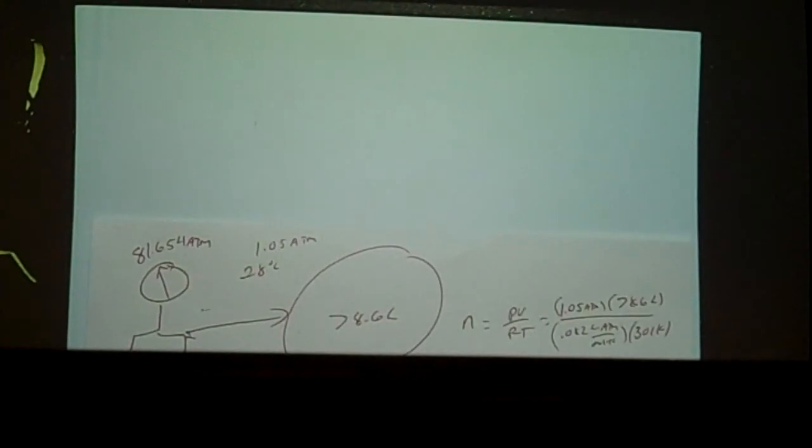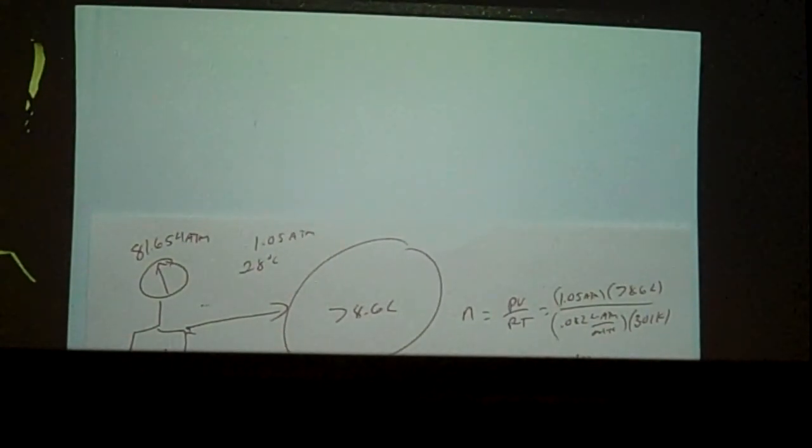Does that make sense? Now, I'm going to subtract 3.343 moles. That's going to give me 162.068 moles of O2 remaining in the tank. That's how many is going to be left in there. Does that make sense? So now all I want to know is, what is the pressure going to read when you have that many moles?